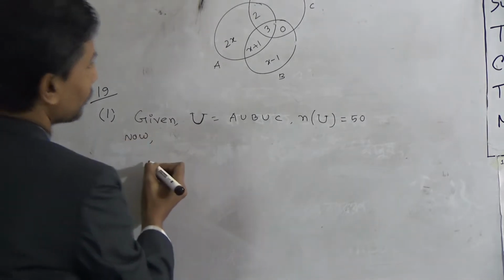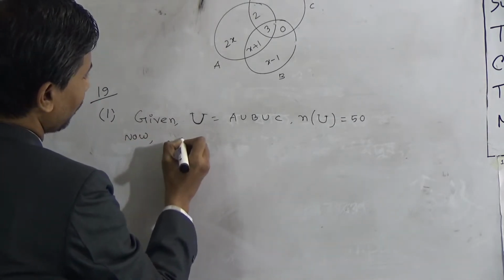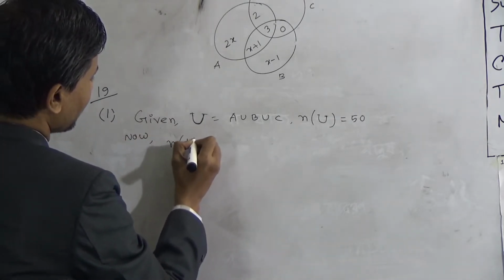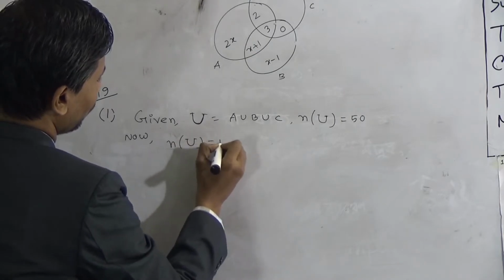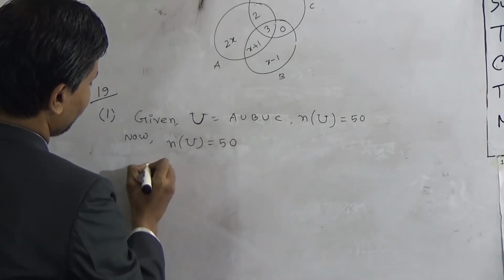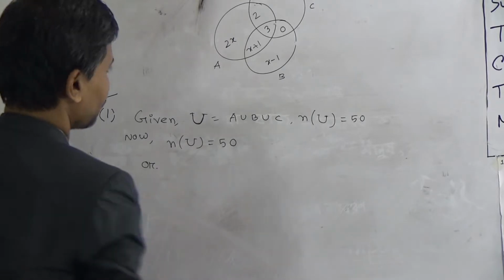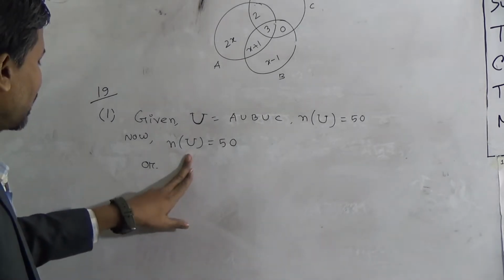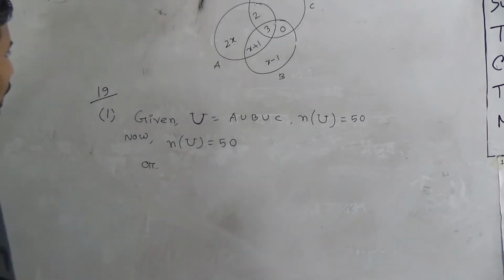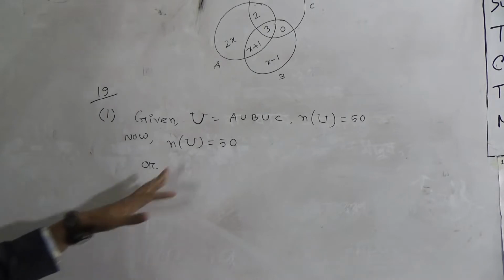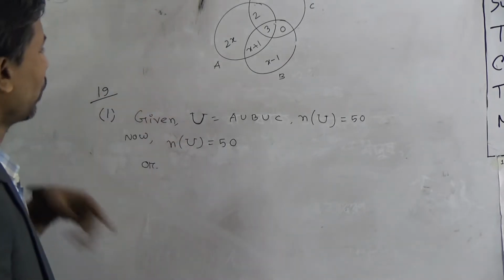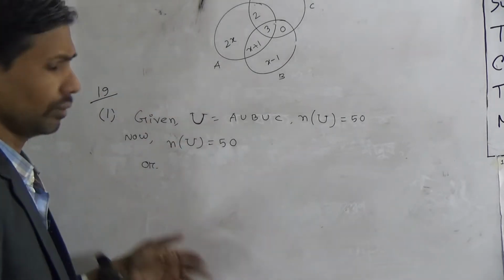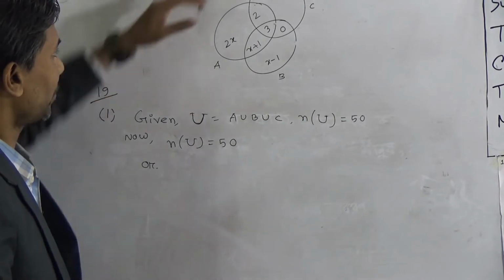Now, the number of the universal set equals 50, and we have to determine the value of x. Student, look, the number of the universal set means A union B union C. And you see the figure.